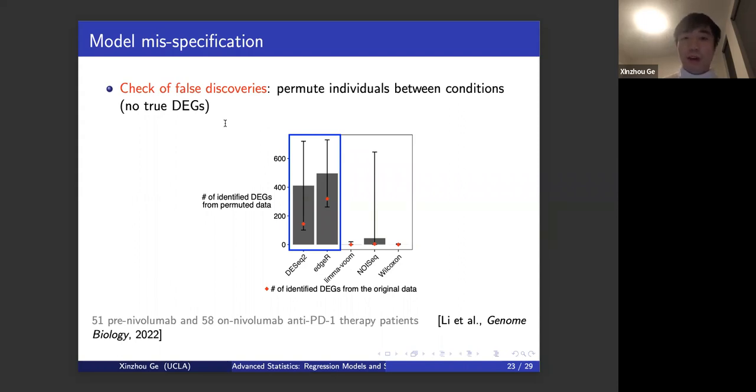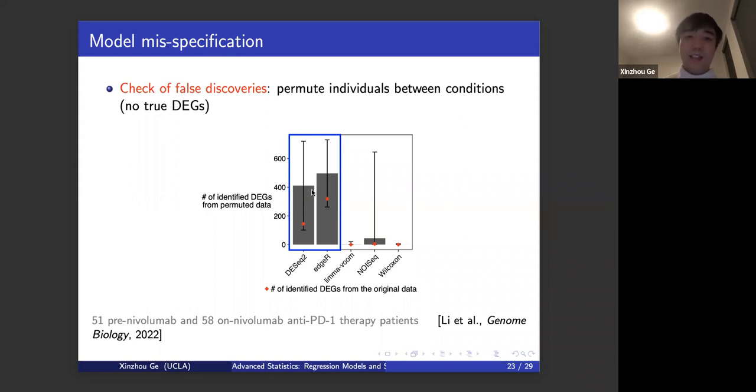However, we look at the number of DE genes identified on permuted data from DESeq2 and edgeR, and we find that these two methods identified a large number of DE genes on permuted dataset, which are these two bars, and the two red dots are the number of DE genes identified from the original dataset.